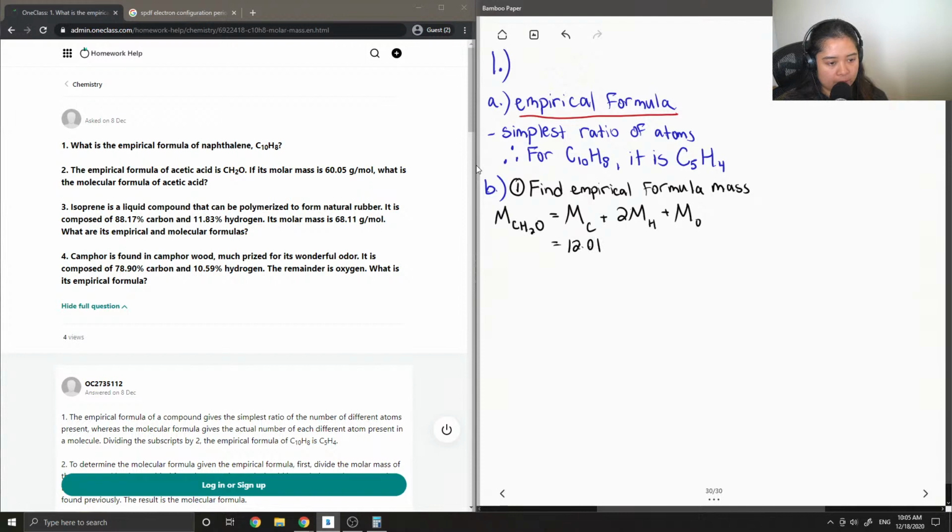These values are found on the periodic table: carbon is 12.01 grams per mole, hydrogen is 1.01 grams per mole, and oxygen is 15.99 grams per mole. So the empirical formula mass is 30.02.